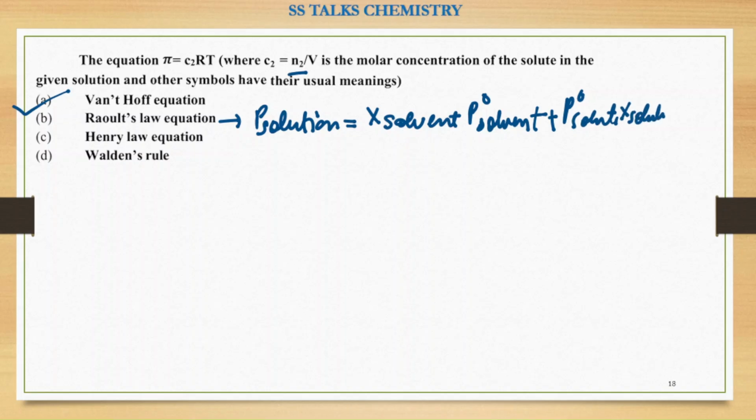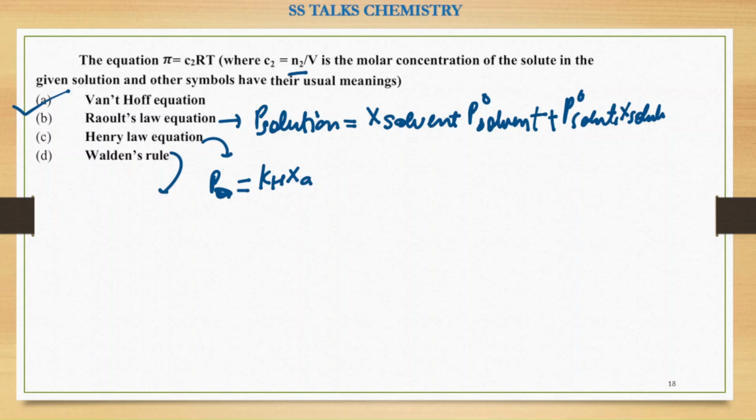So this is your Raoult's law. Next is Henry's law. This is for a gas dissolved in a liquid, that is the pressure is equal to Henry's constant into the mole fraction of it. Okay. Next is Walden's rule.